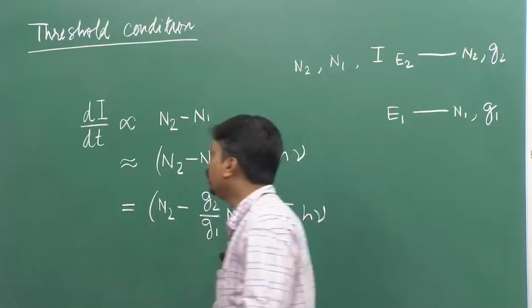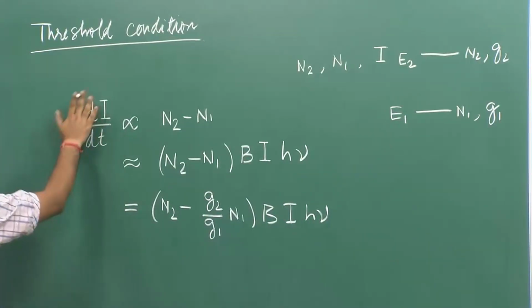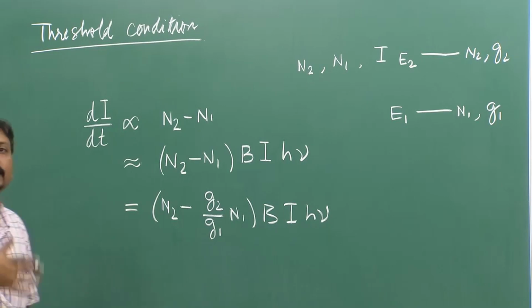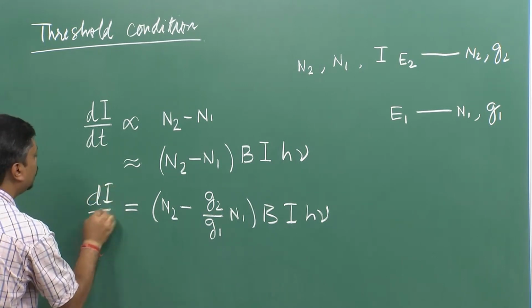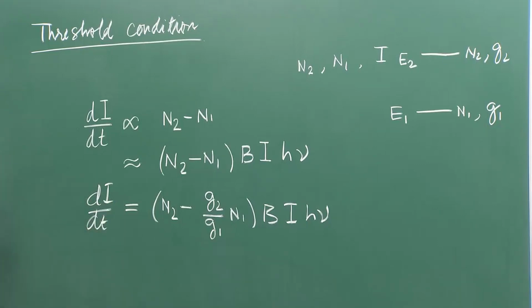Now, the only thing is that we are talking in terms of the intensities of the photon and the rate of increase of intensity. Now, this is a differential equation, and what will be the solution?